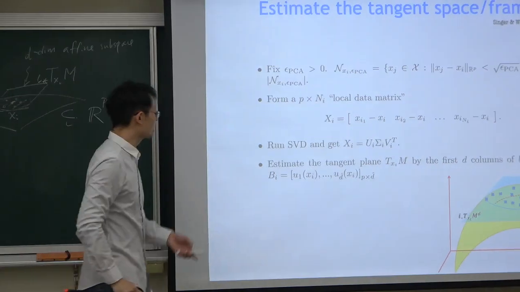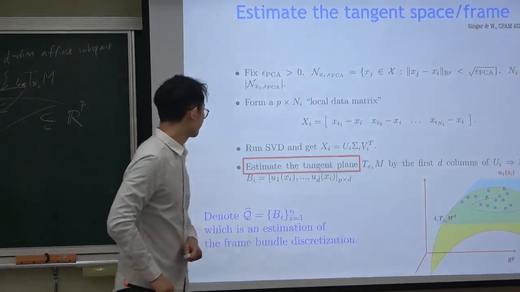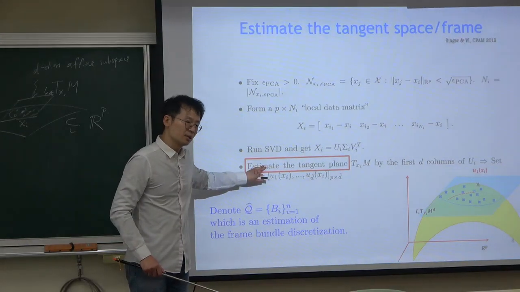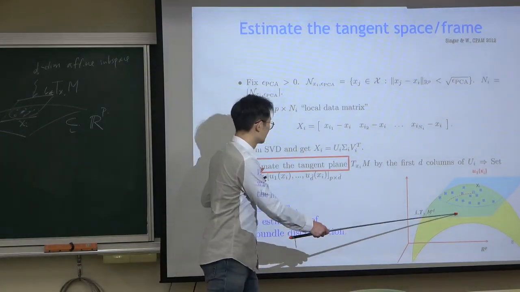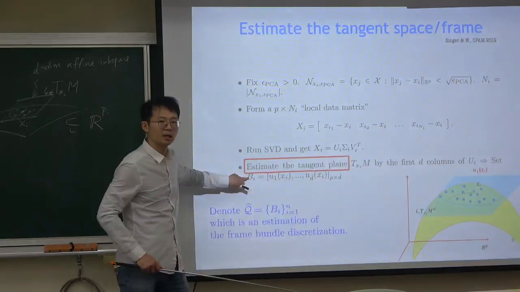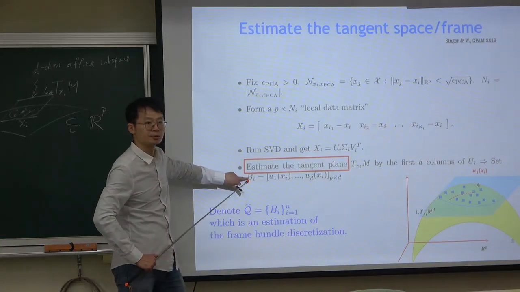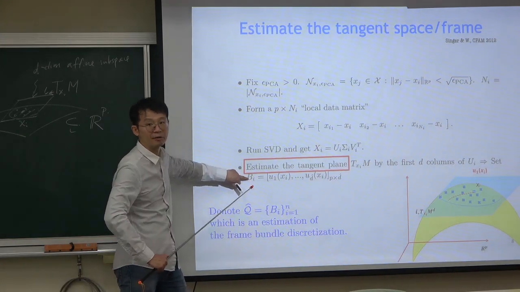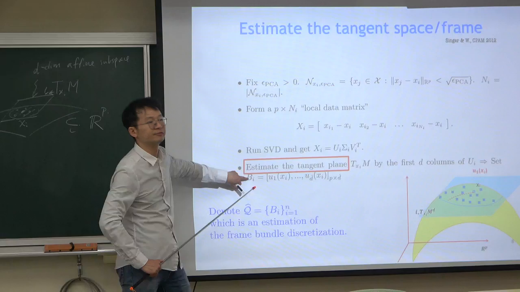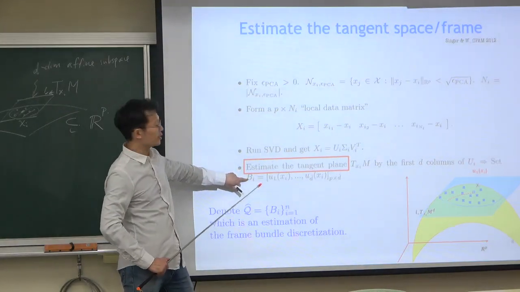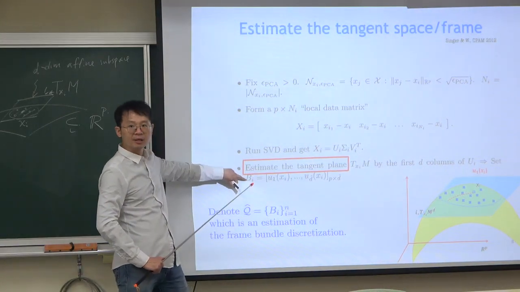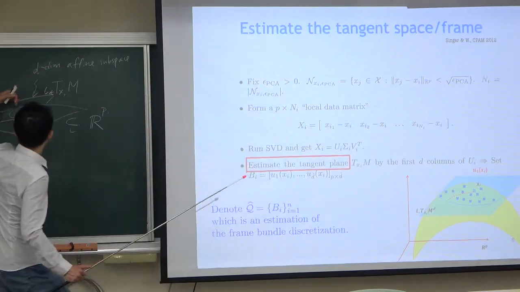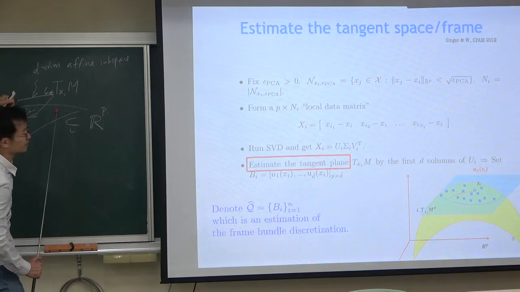And so you get a basis of the tangent space by B_i. This B_i plays the role of an estimate of a point on the frame bundle, which is a basis of the estimated tangent space. The span of B_i will be the embedded tangent space, an affine subspace that approximates the manifold locally.